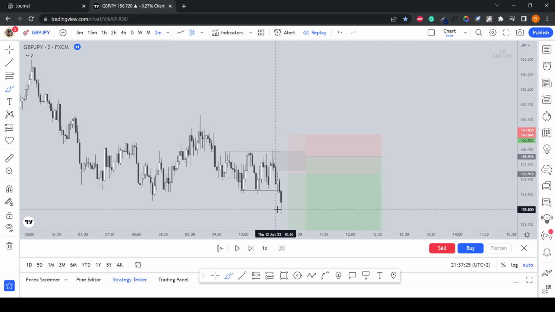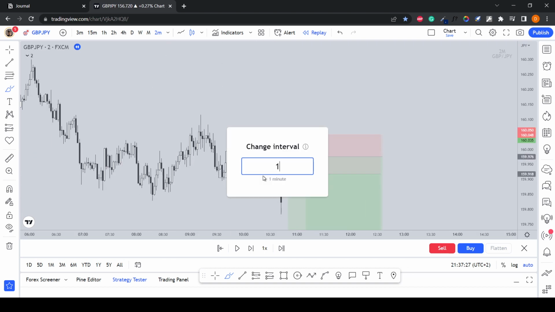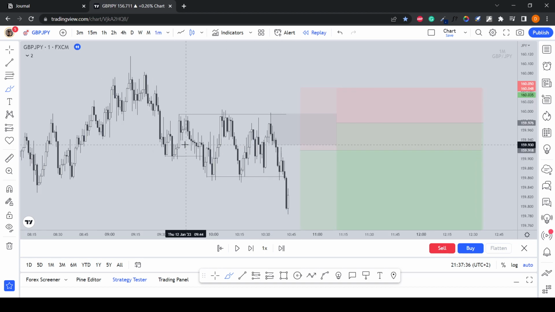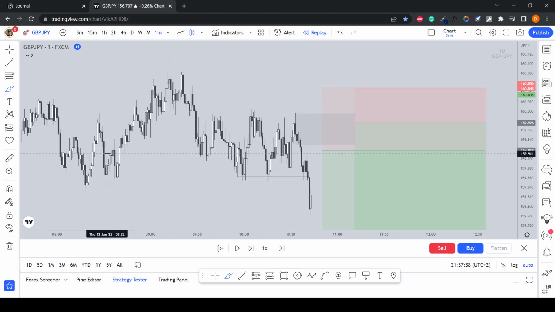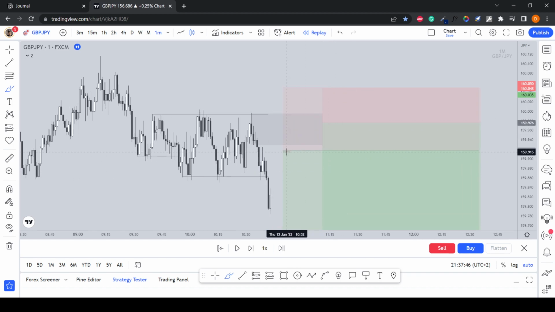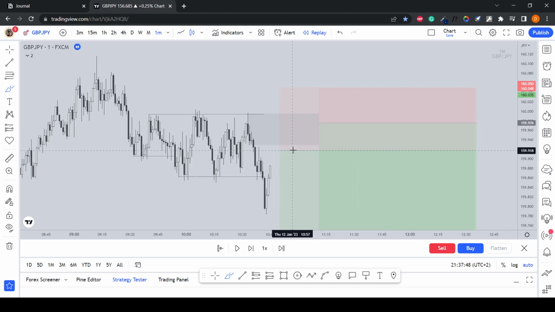We had this really nice break on 2 minutes, on 1 minute, and I was looking for this zone for the trade. Again, take a look. We had a sideways market, then London opens, and we have a break and a zone with a little bit of imbalance. And I was looking to enter here.